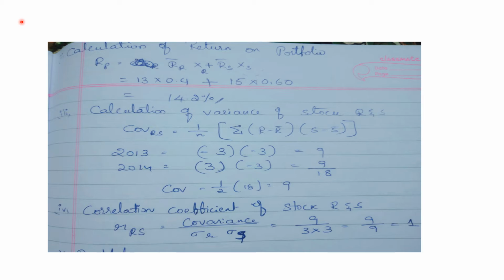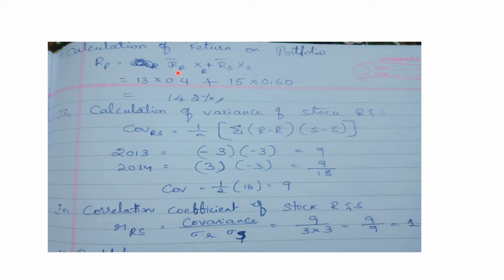So next question is you have to find out the expected return on a portfolio. Here you have to take the values as 40% R and 60% S. As you have already found out the R bar, the return on R and the return on S, now you have to find out the return of the portfolio.